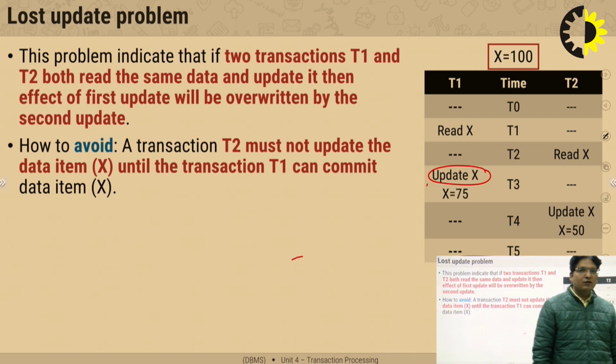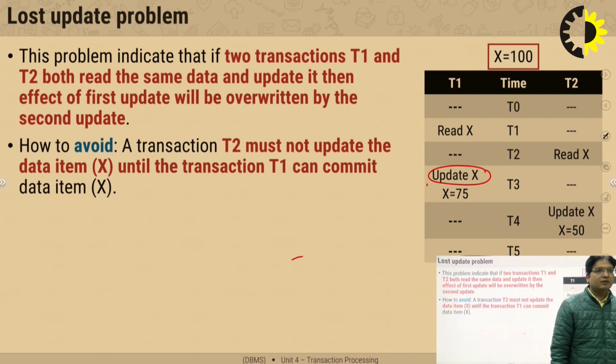Now how can we avoid this problem? Without avoiding this problem, our transaction will not be properly finished. As already explained here, the transaction T2 must not update the data item unless transaction T1 can commit the data item.